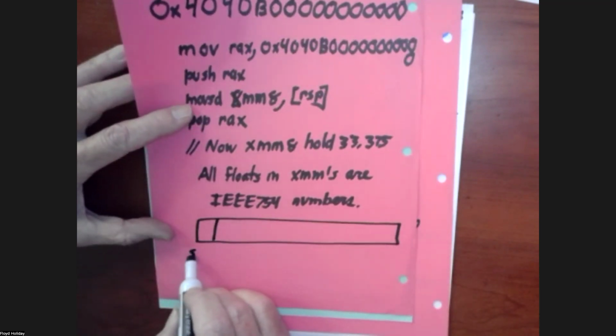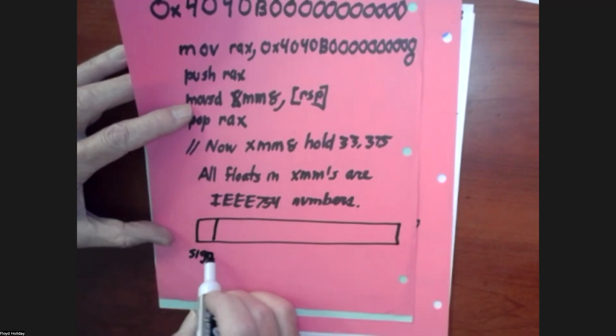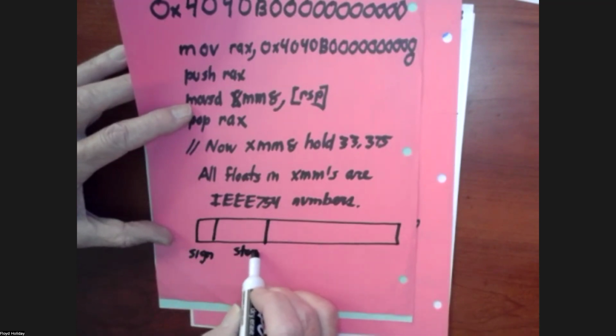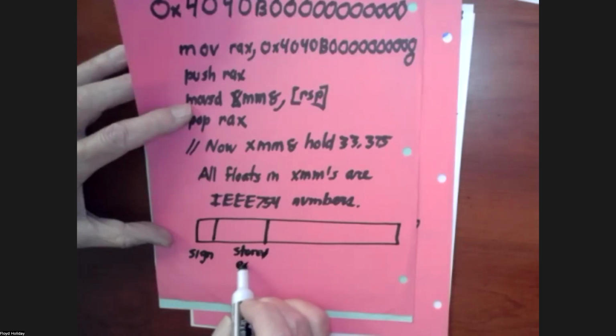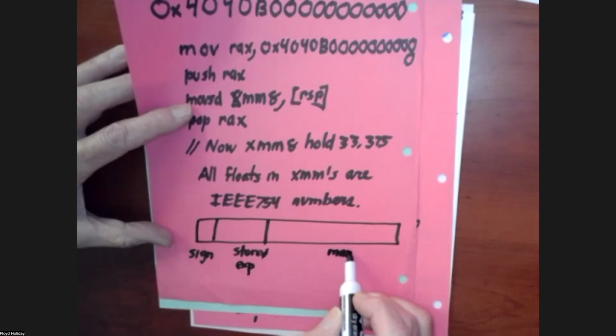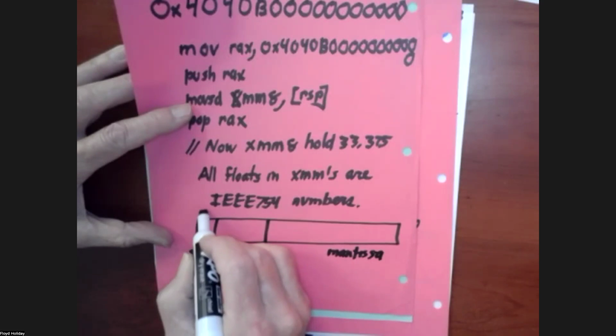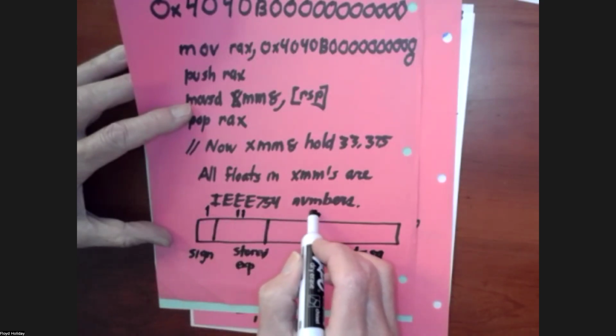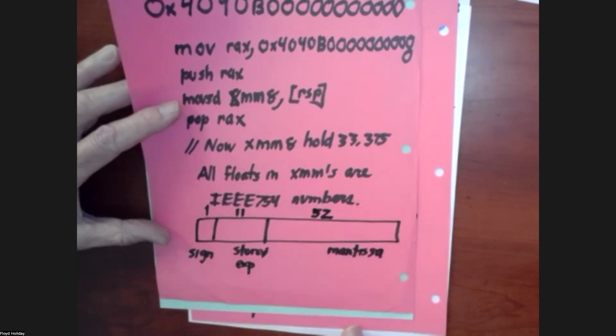This is the sign. This is the stored exponent. And the rest of this is mantissa. So this is 1 bit, 11 bits, and 52 bits for the mantissa.